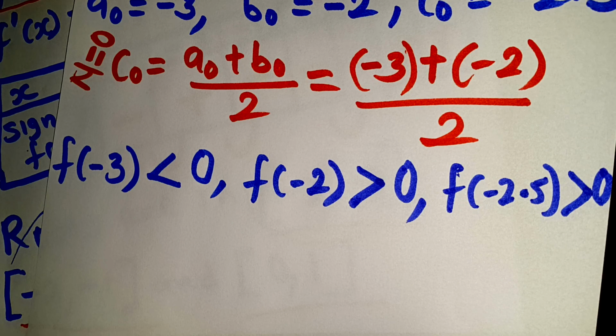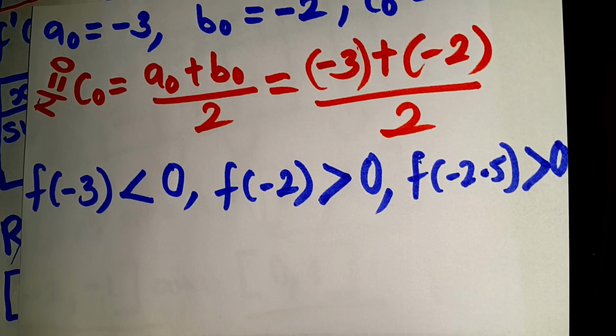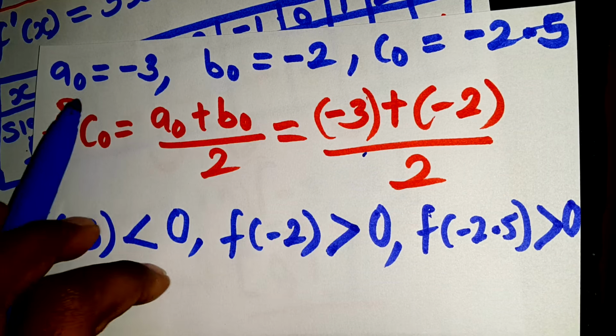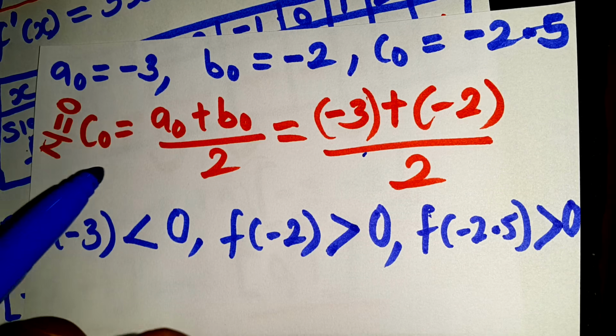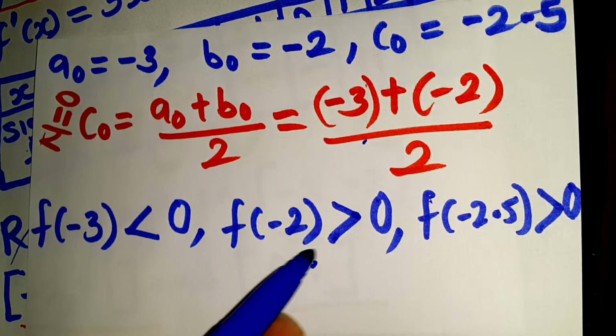So we now have to choose the points to use, because A naught, B naught, and C naught, we already know. We now need A1, B1, and C1.